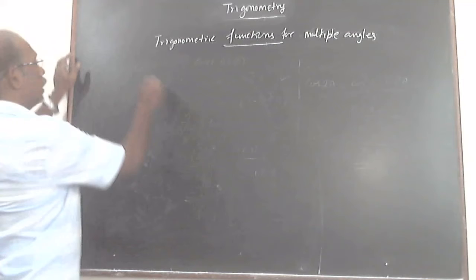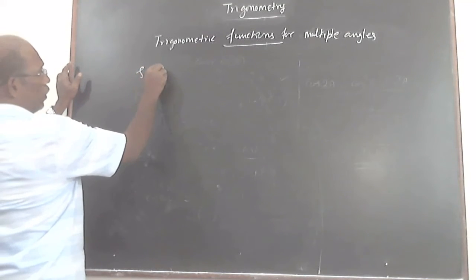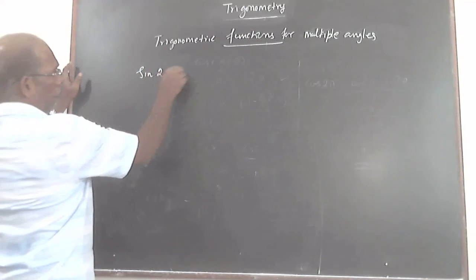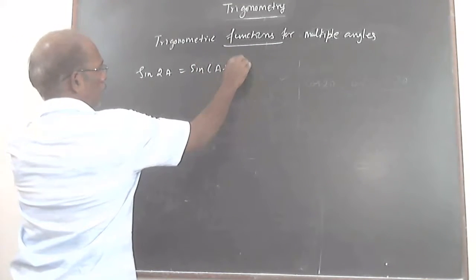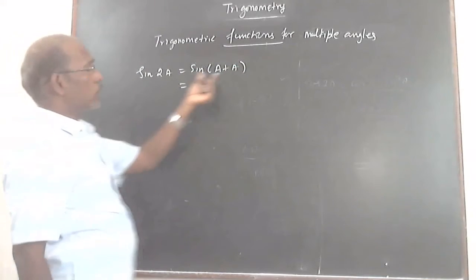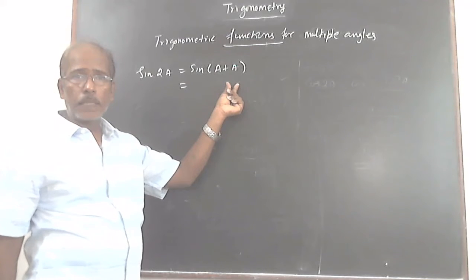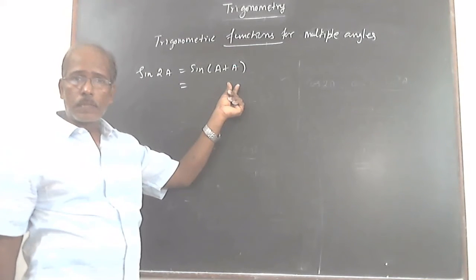The multiple angle sine 2a is sine of a plus a, correct? So we can use the formula sine of a plus b. What is the expansion of sine of a plus b? Sine a cos b plus cos a sine b.